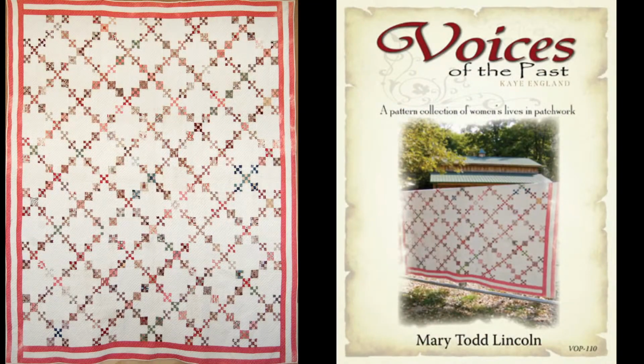Now, let's take a look at Mary Todd Lincoln. Mary Todd Lincoln is your A block, so as you go to your little layout sheet, it will tell you that Mary Todd Lincoln is a 6 3/4 inch finished block, and you are going to do it exactly like the pattern to get that, but then you're going to sash it where it lays 9.5 on the table, hence the word unfinished.